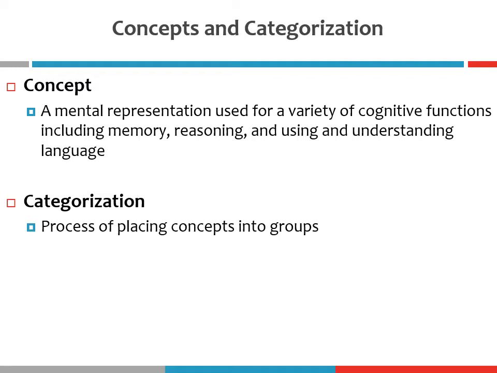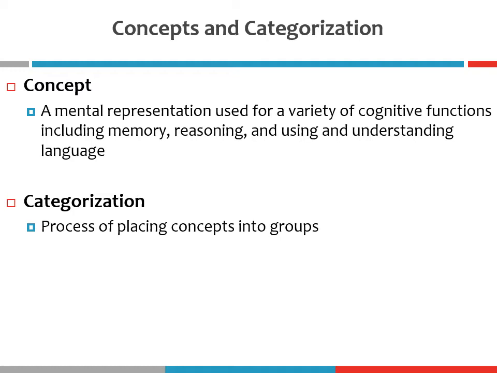So a concept aids in understanding, because drawing on concepts includes information about different things. For example, we all have a concept of a cat. If we label something as a cat, we know that this animal has 4 legs, a tail, pointy ears, and so on.